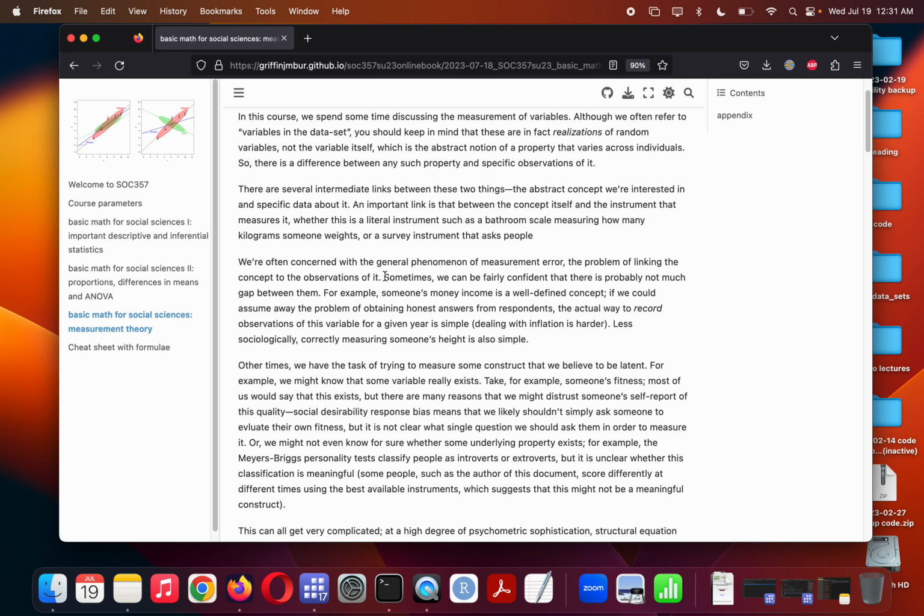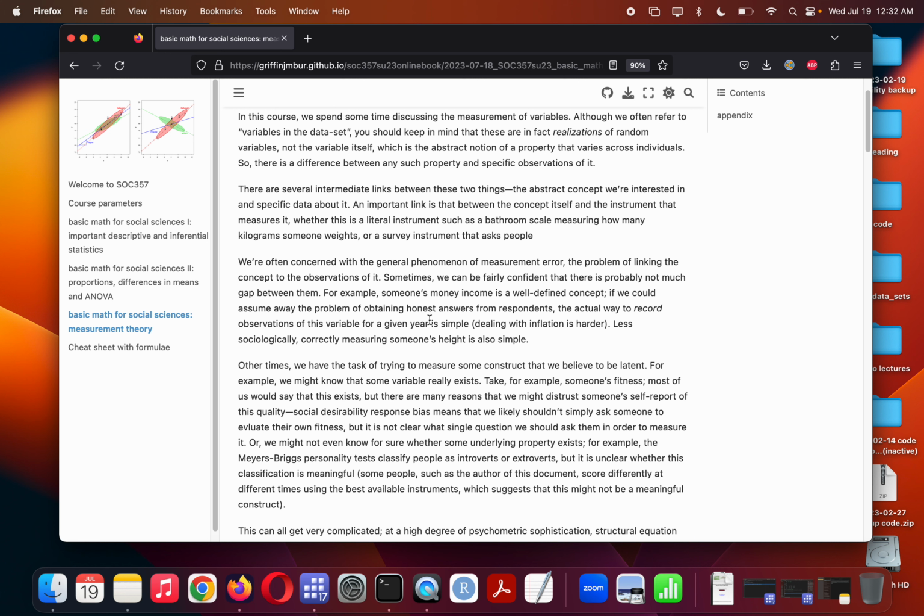Sometimes this is pretty straightforward and there's not much measurement error. So for example, someone's money income is a well-defined concept. If we could assume away the problem of obtaining honest answers from respondents, so for instance, people often hide their income because they're worried about being investigated by the IRS or because of social desirability response bias, meaning that some people might think their income is too high or too low.